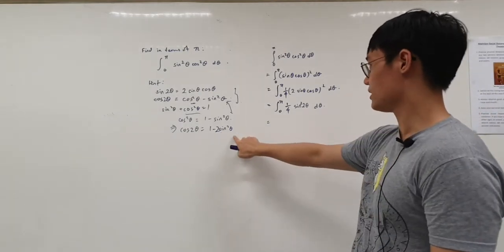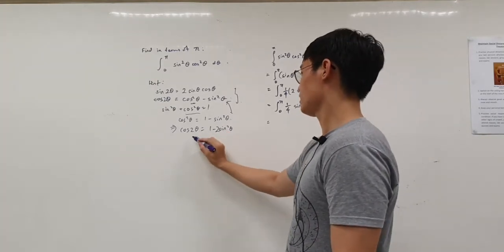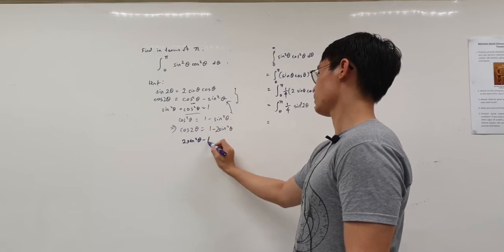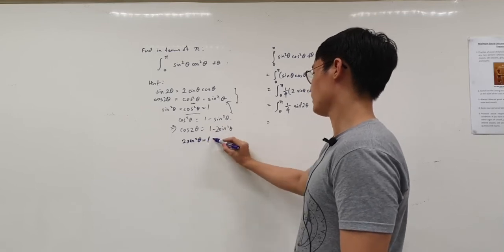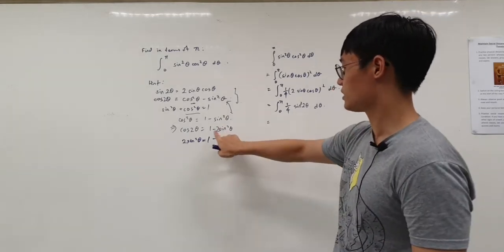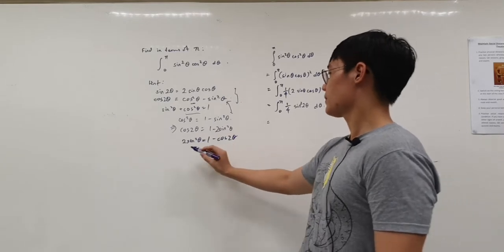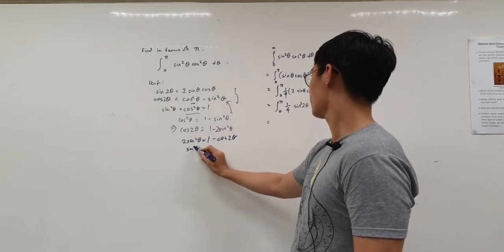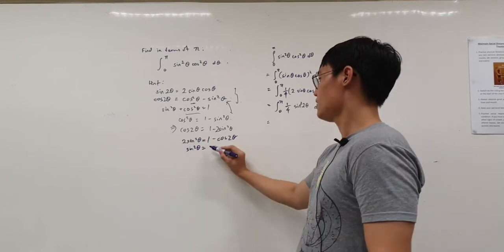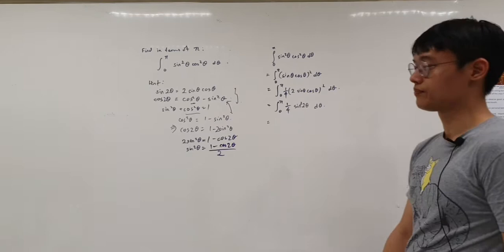So this sine square theta, we can isolate it out. Bringing this to the other side, 2 sine square theta equals 1 minus cosine 2 theta. So I just added 2 sine square theta on both sides and subtracted cosine 2 theta on both sides. And now I can bring sine square theta to the left side. So sine square theta is 1 minus cosine 2 theta, divided by 2.